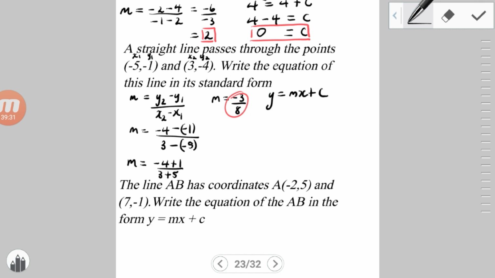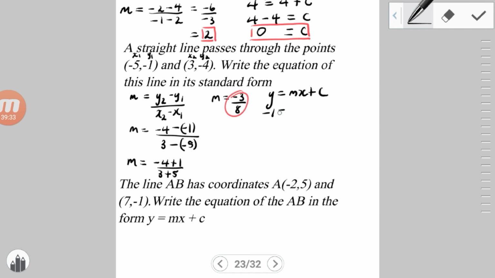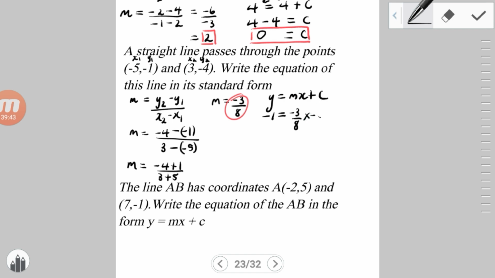So by plugging this in, y1 is -1, m was calculated to be -3/8, multiplied by x, which is -5, plus c. Please bear in mind that we're looking for the equation of the line in its standard form. So here now we're just going to simplify this a little bit. So that's minus 1 is equal to, there's nothing to cancel out here, so we're looking at minus 3 times minus 5 is 15 over 8 plus c.